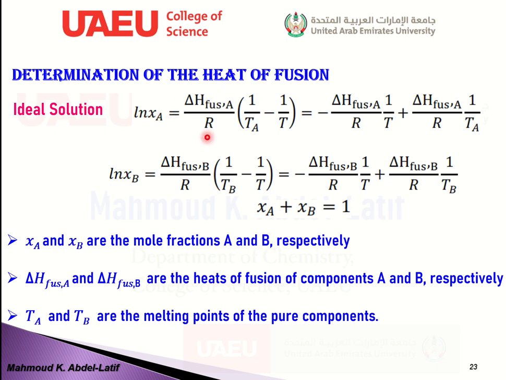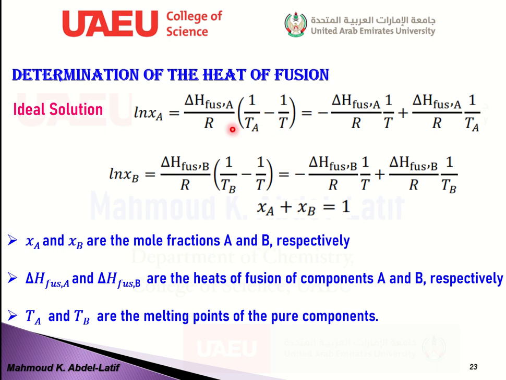The origin of this equation is the chemical potential for solid and liquid, but you need not know the origin of this one. You can determine the heat of fusion from this equation; just rearrange it.